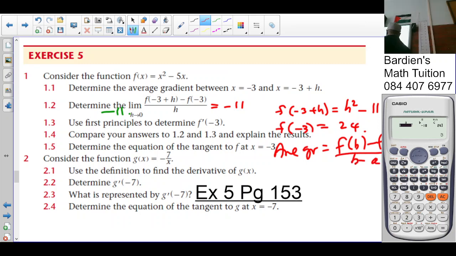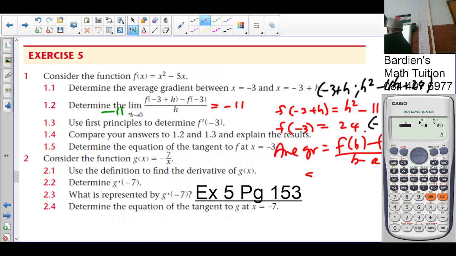over b minus a. Okay, to most of us, we just use the basic quadratic gradient formula. Okay? So remembering this point here is -3 and 24, and this point is -3 plus h and h squared minus 11h plus 24.